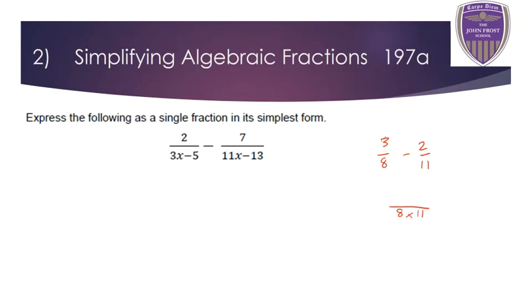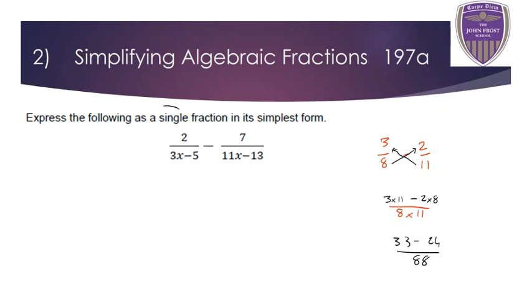To work out the change of the numerator values, we would multiply 3 by 11, and we would multiply 2 by 8. So we would cross multiply in here. We would end up doing 3 times 11 minus 2 times 8. In other words, it would be 33 take away 24 all over 88. And we would write that as one fraction at the end.